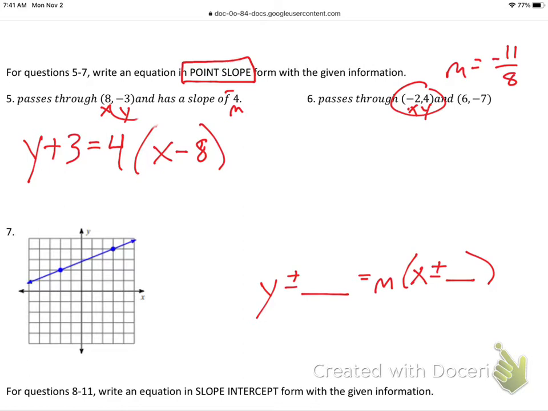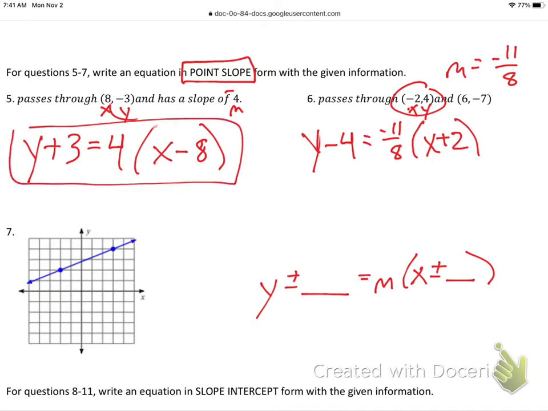So y, that's a positive 4, so I'm going to do y minus 4 is equal to negative 11 over 8, that's my slope, times x, and then since that's a negative 2, I flip it to be a positive 2. And there's your equation. So that's your final answer for that one.